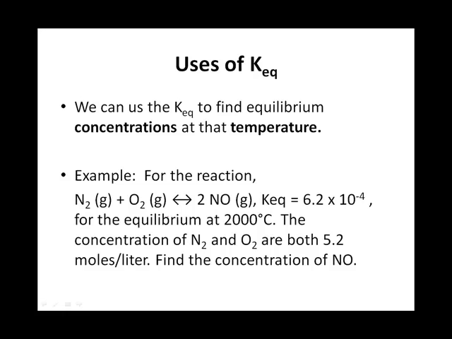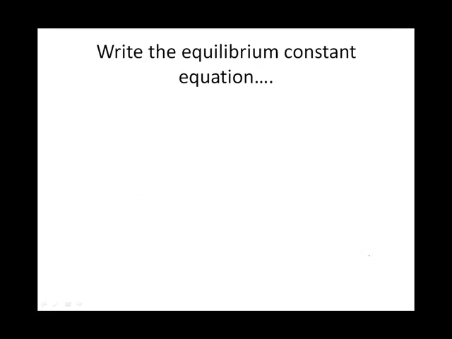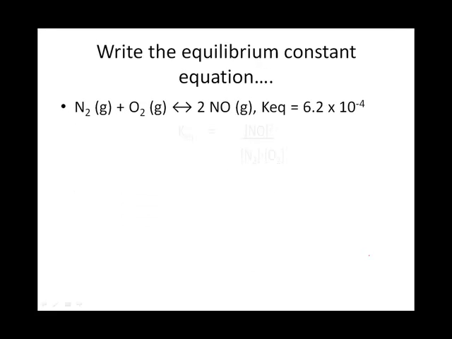The concentration of N2 and O2 are both 5.2 moles per liter. In other words, they are both 5.2 molar. Find the concentration of NO. All right, so first thing we do is we set up an equilibrium expression, and there it is. We have the concentration of NO squared divided by the concentration of N2 times the concentration of O2.